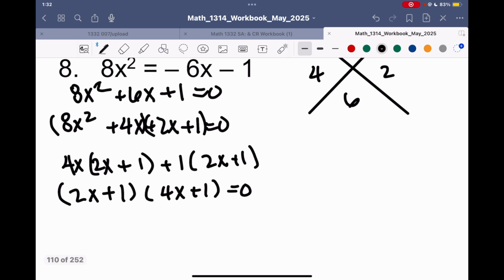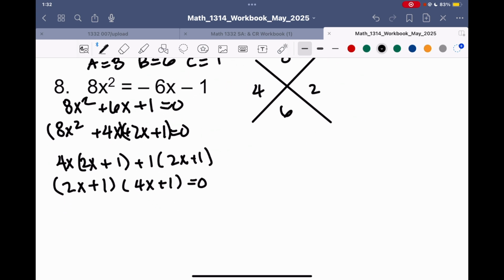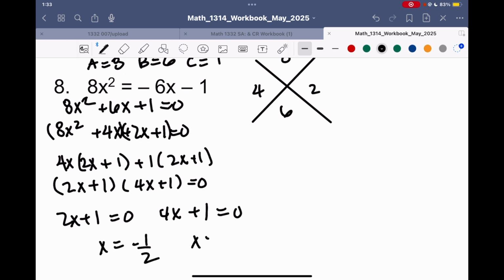We're near the end, and then you set each of these factors to 0. 2x plus 1 equals 0, 4x plus 1 equals 0, x equals negative 1/2, x equals negative 1/4, and then in an ordered pair, negative 1/2, comma, negative 1/4. It does not matter the order.